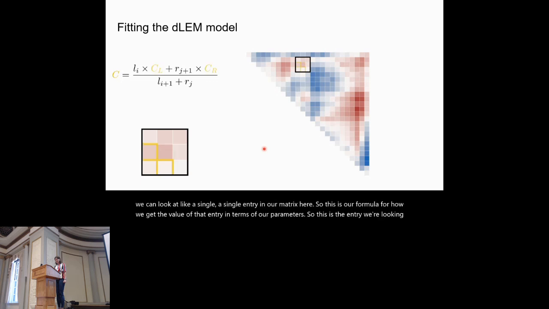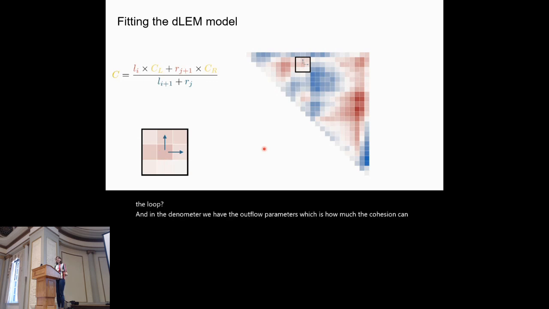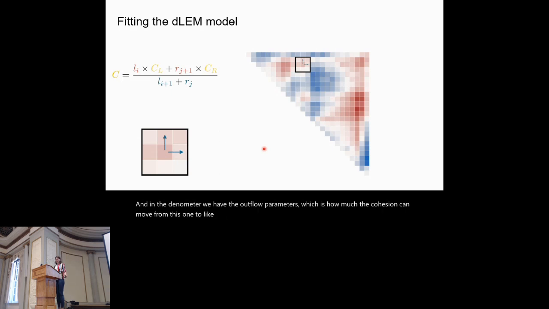It is going to be a function of its neighbors, which are the loops that are shorter by 1, times the rate parameters, meaning how much the cohesin is allowed to move to extend the loop. In the denominator, we have the outflow parameters, which is how much the cohesin can move from this one to an n+1 loop, in either the right or the left direction. So that's it. It's actually a very simple formulation.